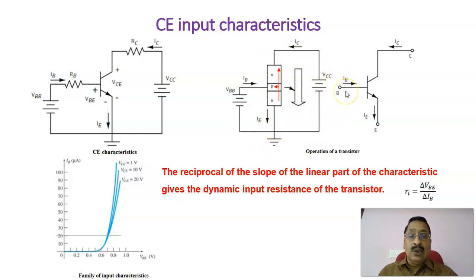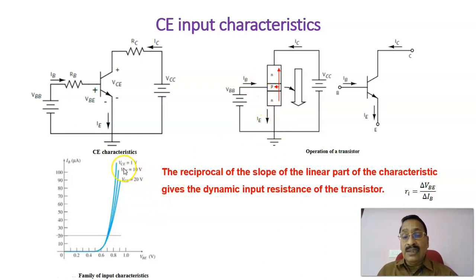The equivalent circuit, as we have already seen, is two diodes, two PN diodes whose anodes are common, and it is just like a diode characteristic. For a given VCE, you change the voltage VBE. As VBE increases, if the voltage goes above the cut-in voltage of this diode, it starts to conduct. It's a diode characteristic.